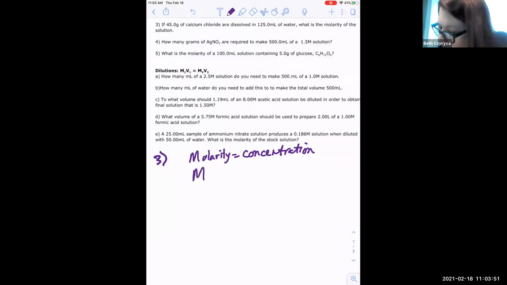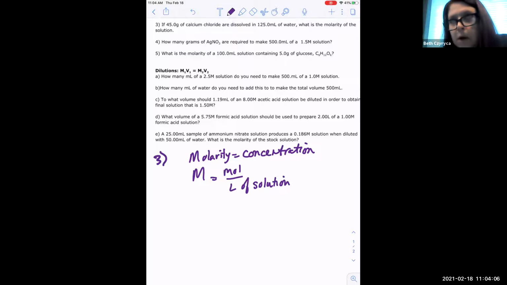The capital M is the symbol for molarity, and that's the number of moles per liter of solution. So that liter is actually going to count the solute that's dissolved in it. It's not just a liter of water, it's the whole amount of solution, including the salt that's dissolved in it.